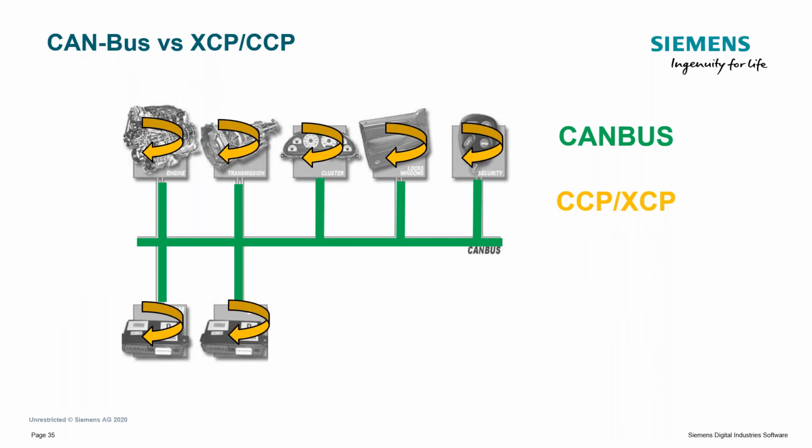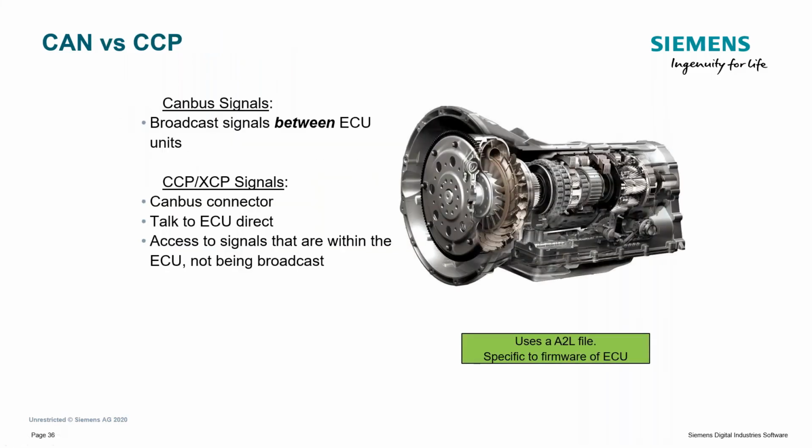They're known internally in this module, or subsystem of the car, the engine or the transmission, but that information does not need to be broadcast. So in that case, that's where CCP comes in. This is called CAN bus calibration protocol or generic calibration protocol for certain electronic control units that are made a special way. This will allow you to access those signals that exist only inside the component.